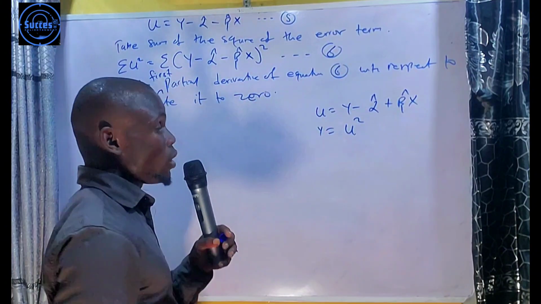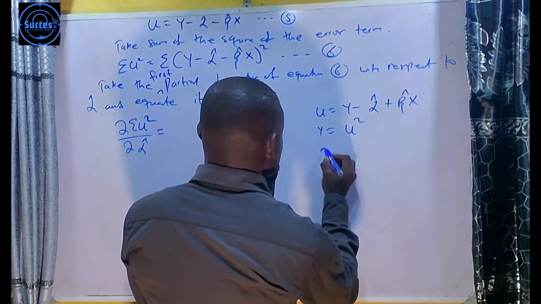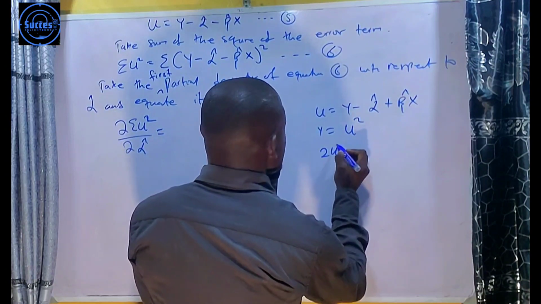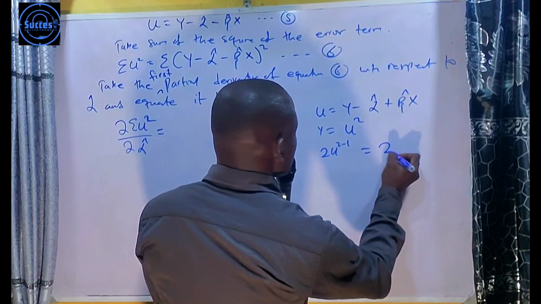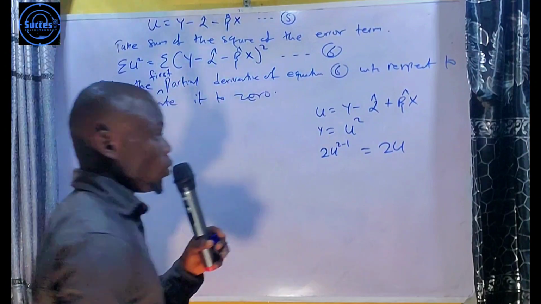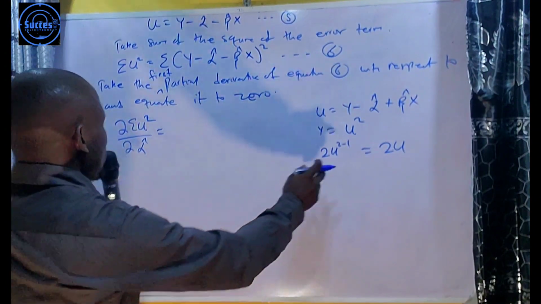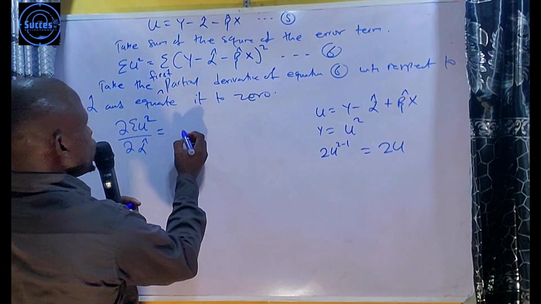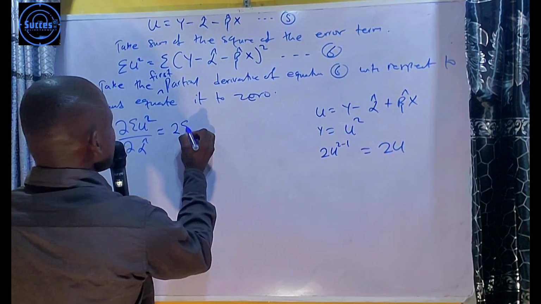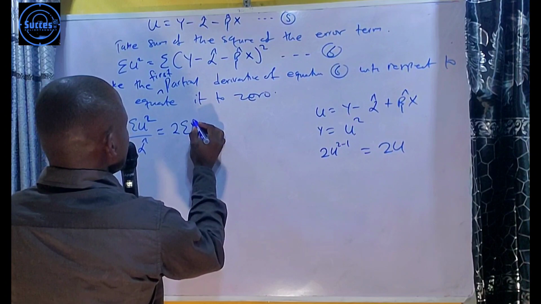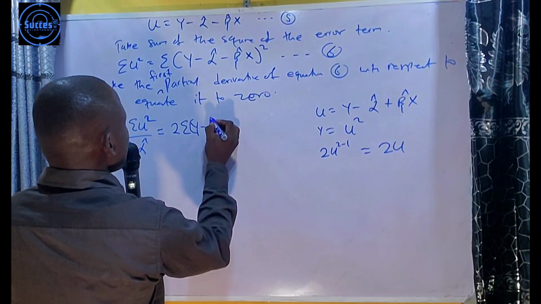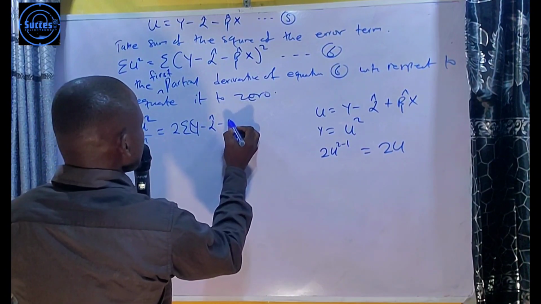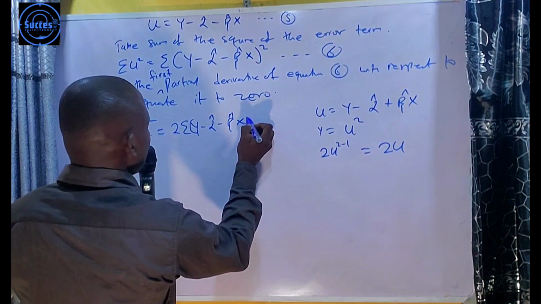The derivative of u squared will give you 2u, that is 2 minus 1, as 2u. Don't forget what your u is, which is y minus alpha cap minus beta cap x. So what you have here is 2 summation of the bracket y minus alpha cap minus beta cap x.